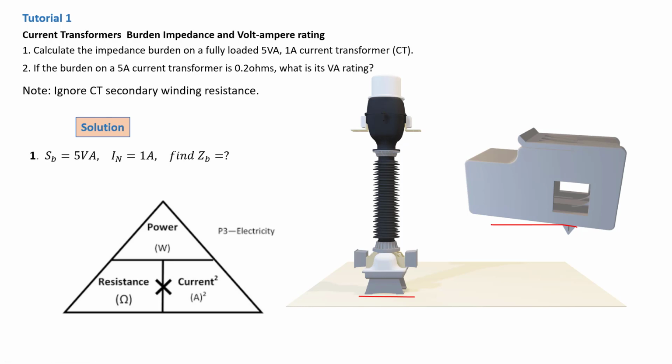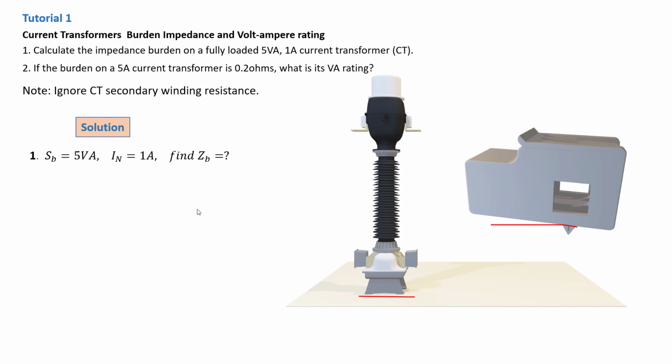At the same time, the alternative formula for the power is P equals I squared times the impedance. In this case, IN squared is our nominal current squared and our impedance is ZB, which we're looking for. From this formula, we can extract ZB so that we can determine the impedance burden of this current transformer.